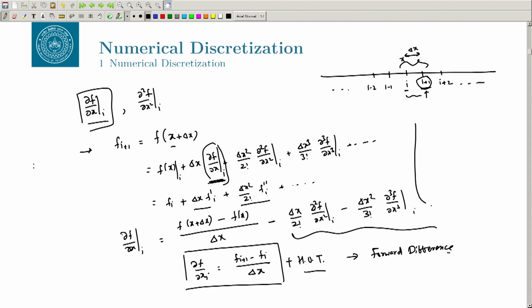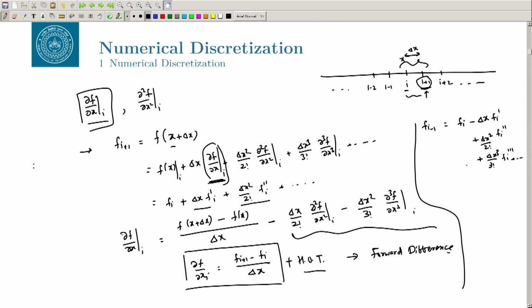What you can do is, I don't want to go to I plus 1, I can go to f I minus 1. That will become f I minus delta x f I prime plus delta x square f I double prime by factorial 2 minus delta x cube by factorial 3 f I triple prime, and so on and so forth.